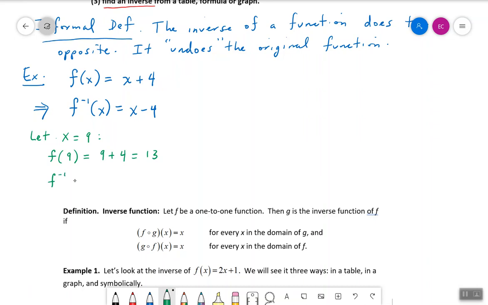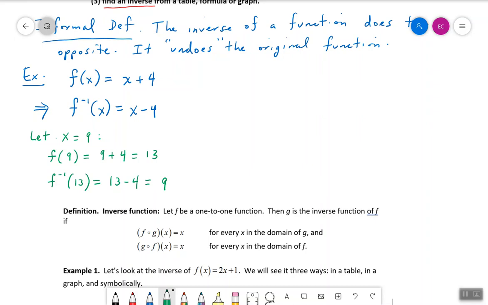So you see that we take the 13 now from f, the output from f, and we put it into the inverse function. We have 13 minus 4, and now we're right back to 9. So we started with 9, we did a process to get 13, and then we did the inverse process, or the inverse function, to get back to 9.